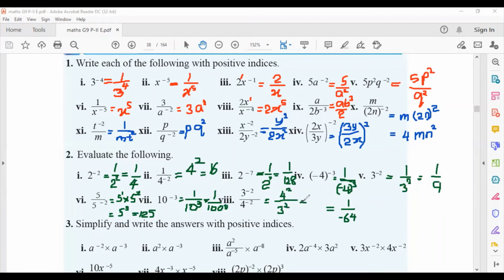Change the sign. Now 4 to the power 2 is 16. 3 to the power 2 is 9. But this is an improper fraction. Better to give it as a mixed number. How many 9s are there for 16? Only 1. 7 remains out of 9. That should be the answer.